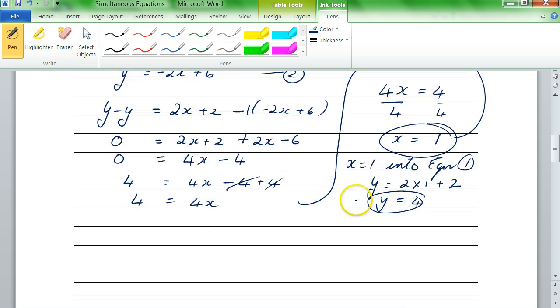What we found here algebraically is that the solution set is (1, 4), or x equals 1, y equals 4. Now that's called solving simultaneous linear equations algebraically, and that's one of the skills that you have to develop in this section of work.